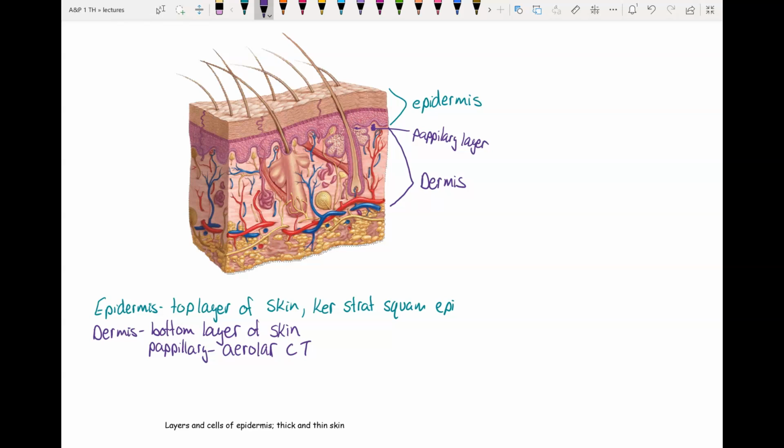Then all the rest of it, all this part of dermis, is the reticular layer. And the reticular layer is made of dense irregular connective tissue.